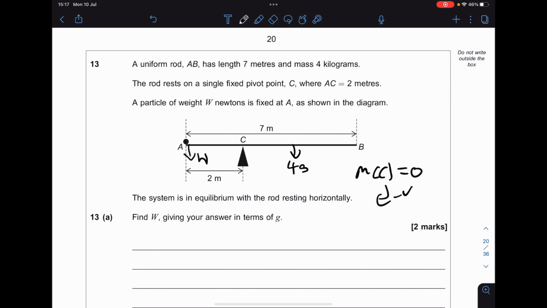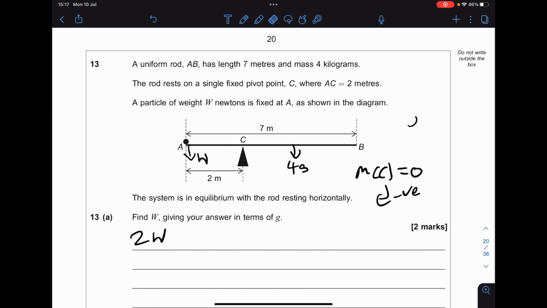I take clockwise as negative, as we all should do. So that's going to be 2W, pulling it that way around, so that's going to be anti-clockwise, which is positive.